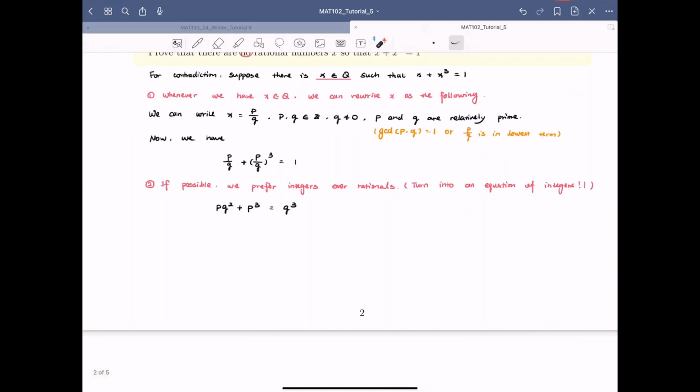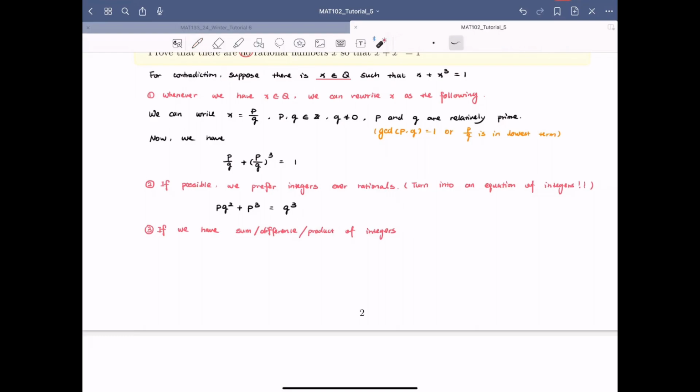Now, this is the third thing we learn from this proof. That is, if we have an equation, or let's say if we have a sum or difference or product of integers.